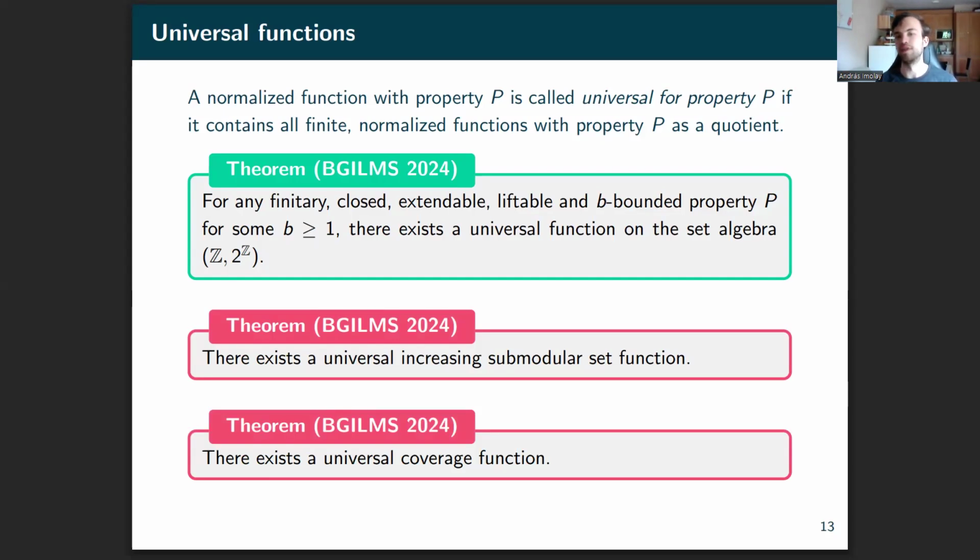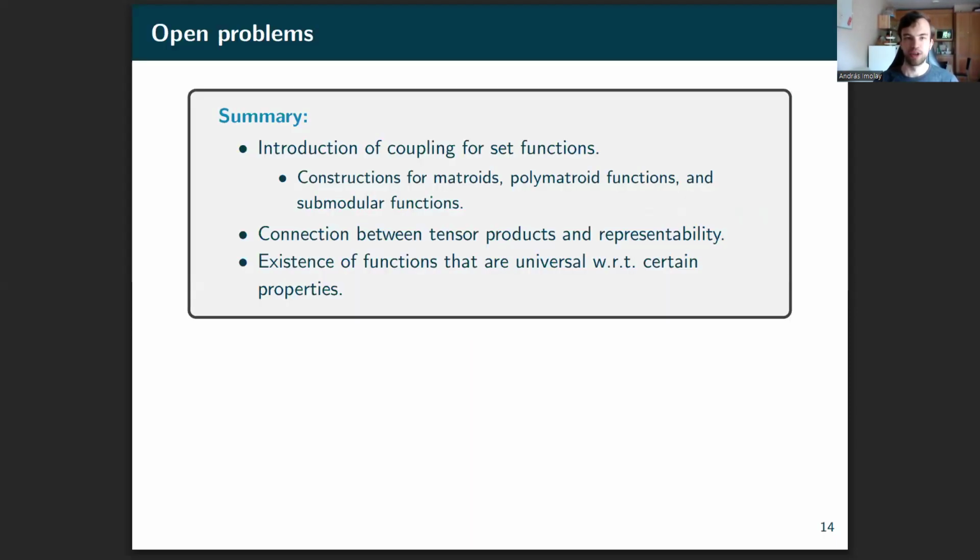I don't want to go into the detail of what a coverage function is, but it's a really important notion in combinatorial optimization. Finally, I just want to sum it up. We introduced the notion of coupling and proved that any two matroid, polymatroid and submodular functions have a coupling. We built a connection between tensor products and representability, and we also proved the existence of universal submodular functions with respect to certain properties.